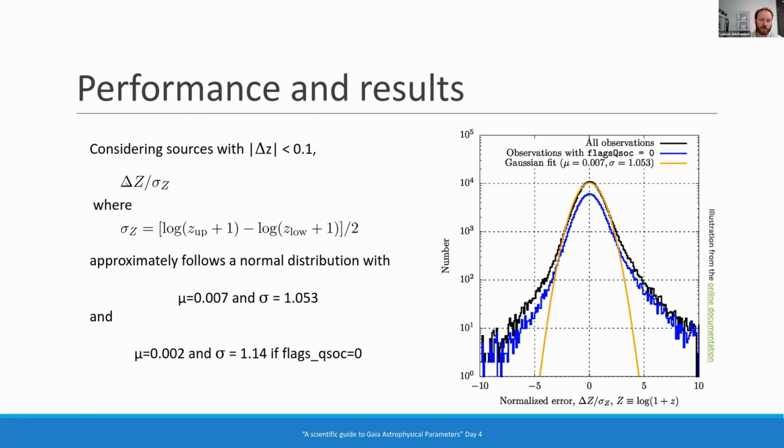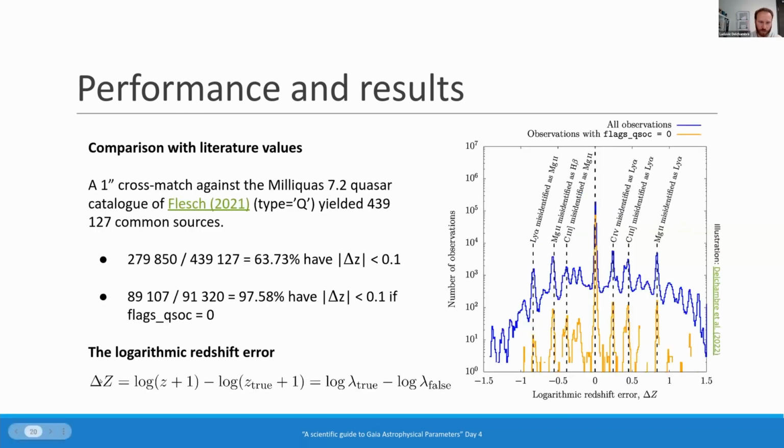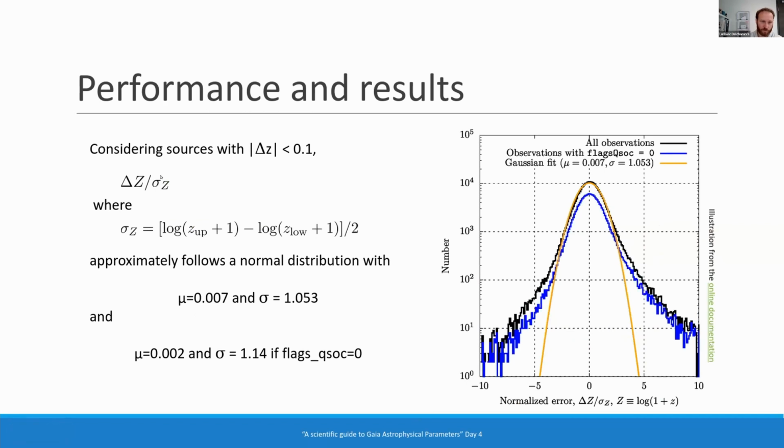And we are looking at the normalized distribution of the logarithmic error. So just remember, this is this formula divided by its uncertainties. The uncertainties on the logarithmic redshift error, you can retrieve quite simply from this formula.